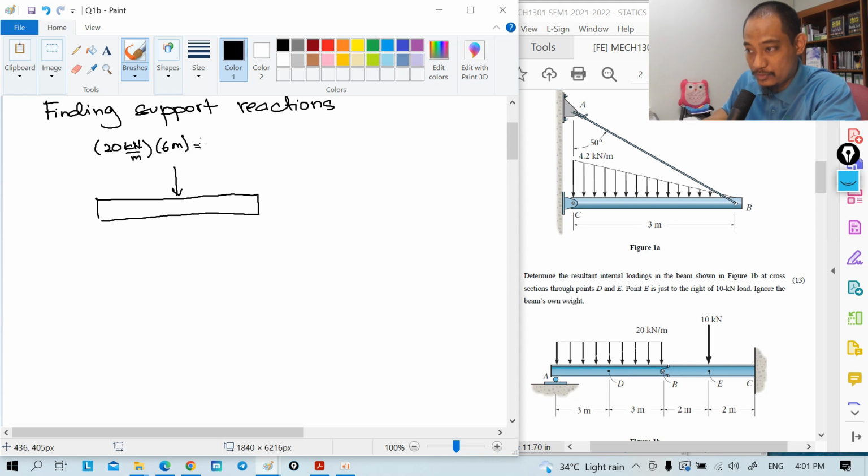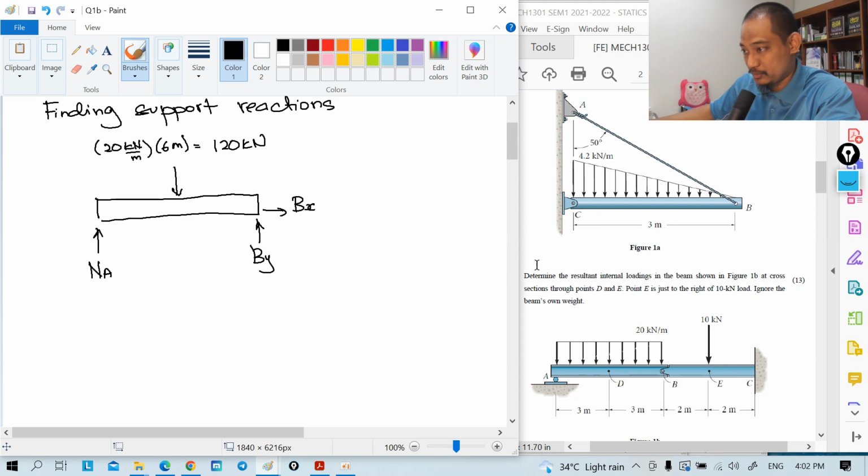If you want to use the units, it becomes 120 kilonewton. And then you have normal reaction at A, and then let's just assume Bx, By, right?